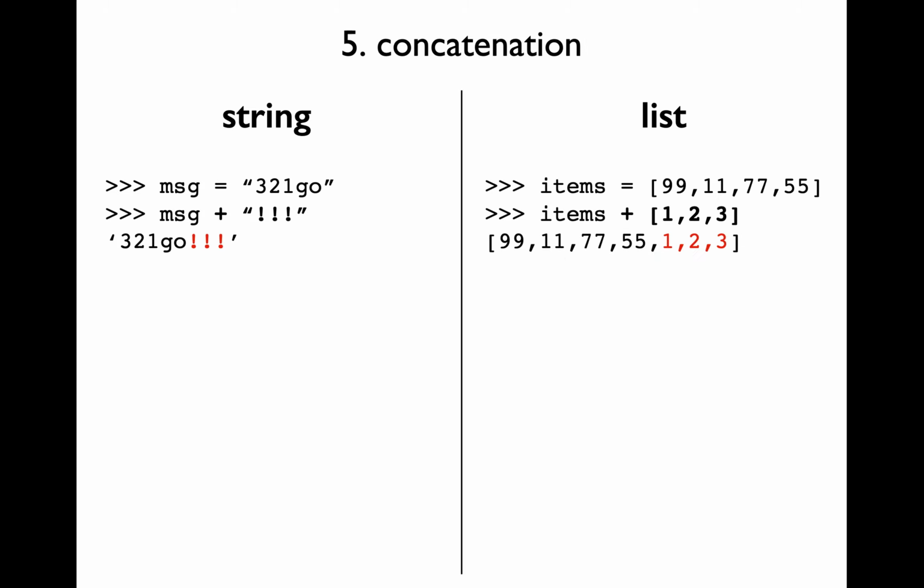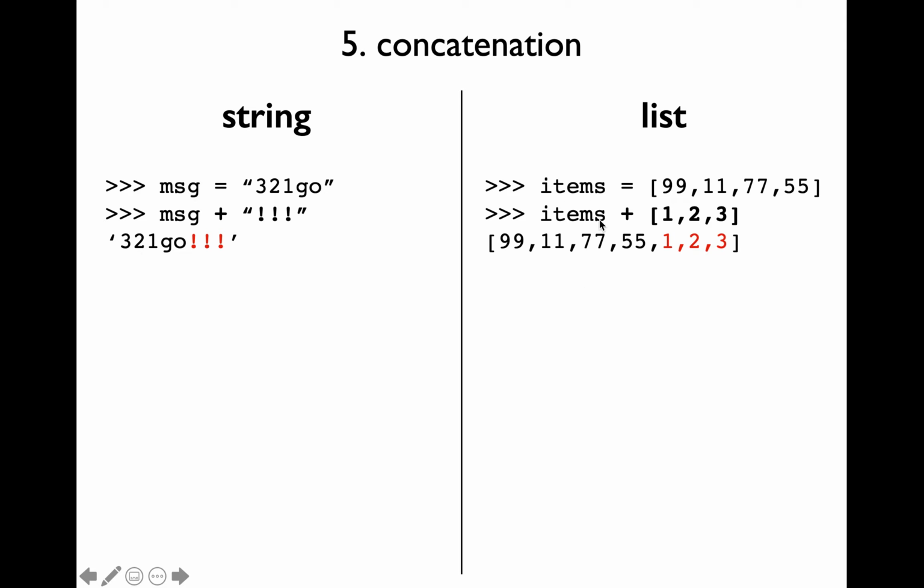Let's talk about concatenation. Recall that the plus operator enables you to concatenate two string sequences together. When you concatenate MSG with triple exclamation point, you're going to get a brand new string which contains the value 321 go followed by 3 exclamation points.